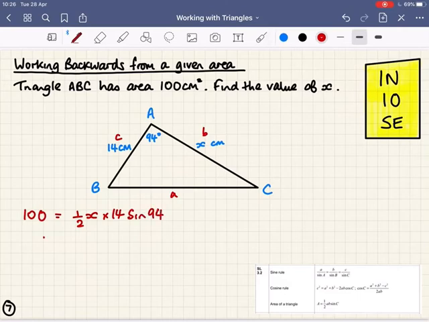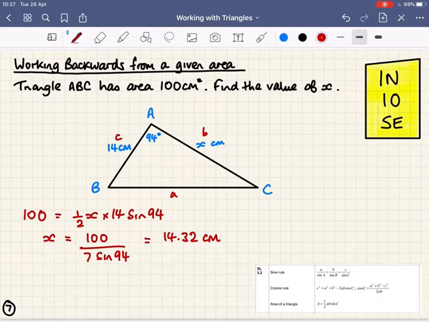So x, my missing side, half times 14 is 7, 7 sine 94. X equals 100 over 7 sine 94. And that gives me an answer on my calculator of 14.32. So you might be asked to work backwards, not to find the area, but be given the area and then find a missing side. And that's fine, just one solution.